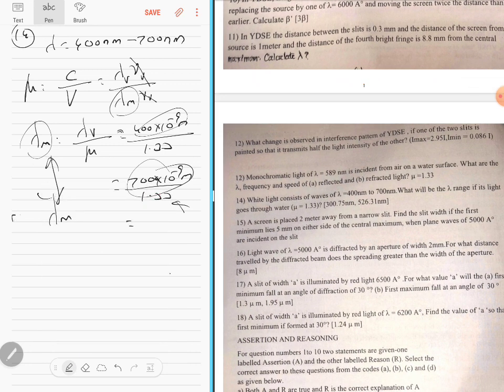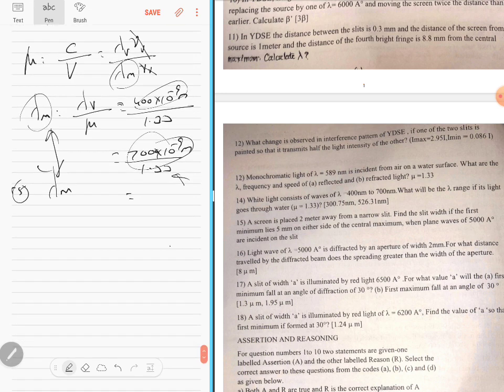15th question. A screen is placed 2 meters, capital D, away from a narrow slit. Find the slit width. The first minimum lies 5 millimeter on either side of the central maximum, so the position Y is 5 into 10 to the power minus 3 meter, when a plane wave of 5000 Angstrom is incident on it.